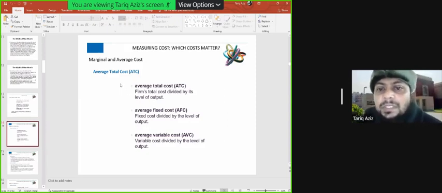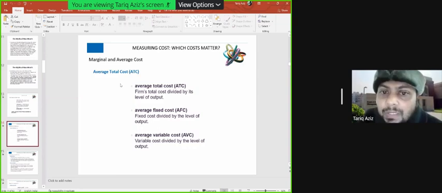Then we have three more metrics. Average total cost is nothing but the total cost divided by the number of output, or the quantity of output.